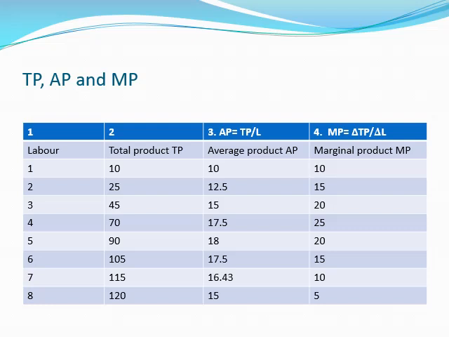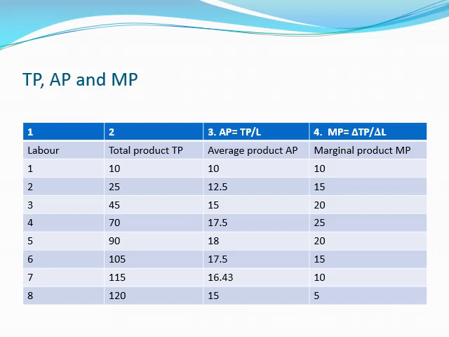The average product will increase from 10 up to 12.5, 25 over 2 equals 12.5, and the marginal product is the change, delta TP over delta L. Delta L is all the time equal to 1, but delta TP in this case equals 25 minus 10, which equals 15, 15 over 1 equals 15.